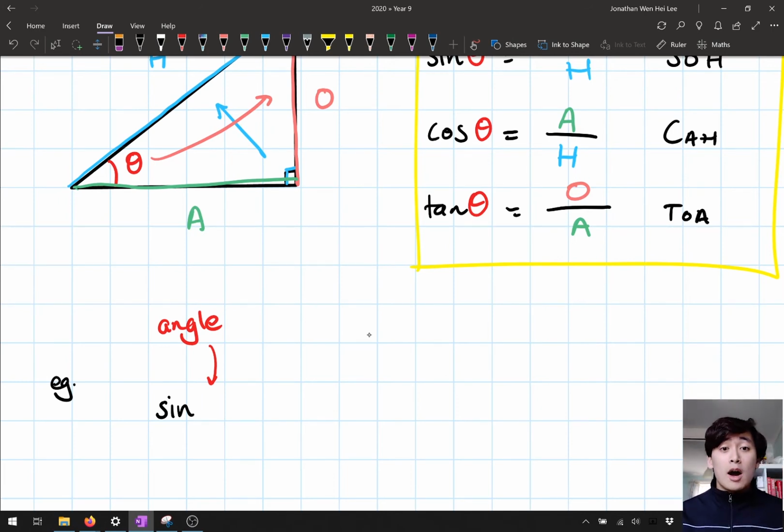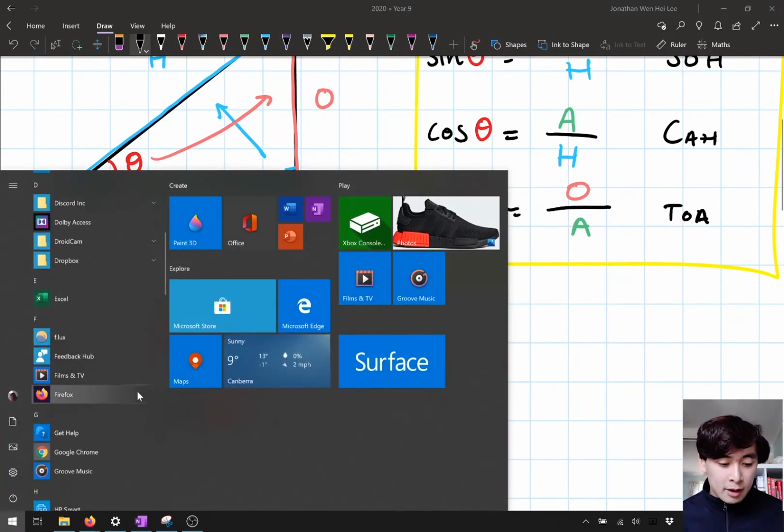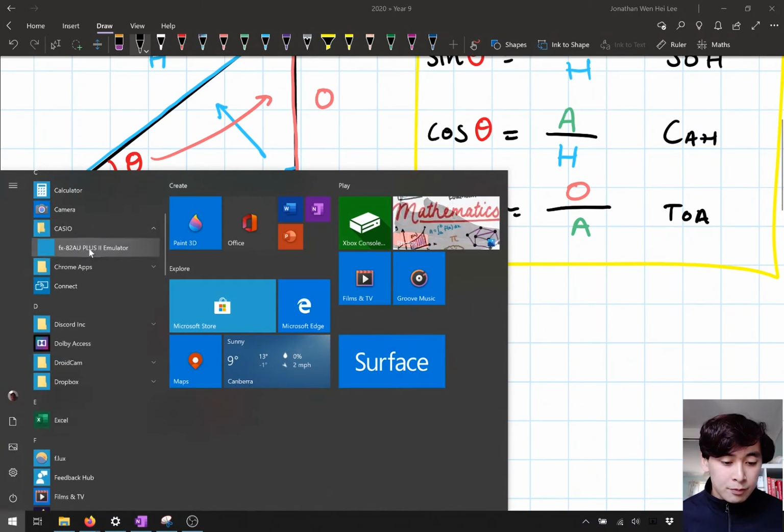So for example, I could pick sine 20 degrees. This will just give me a number. When I put 20 into my angle, sine 20 will give me a number. On your calculator, you have these three trig ratios.